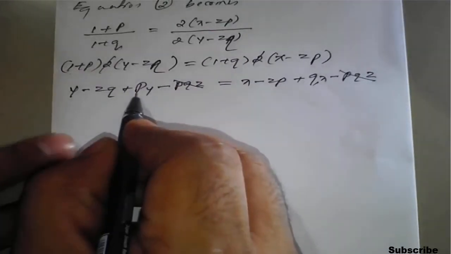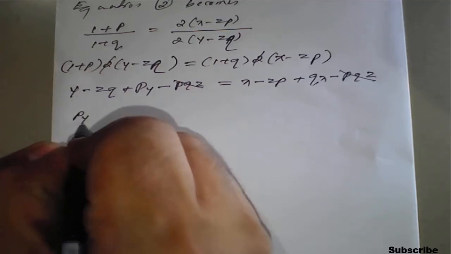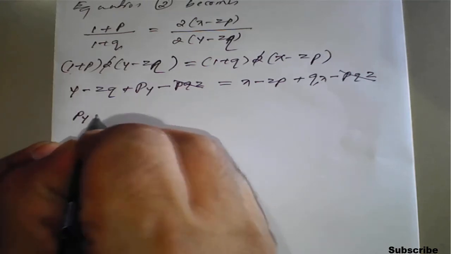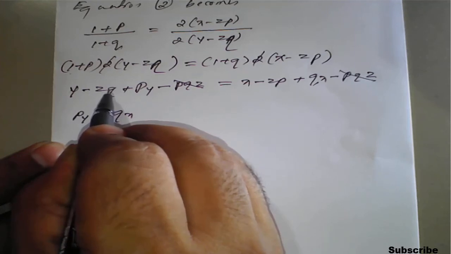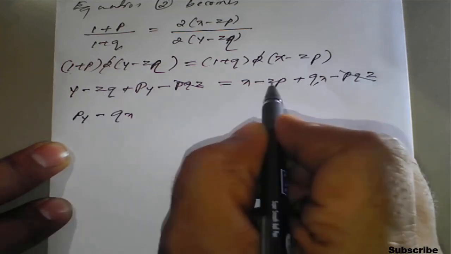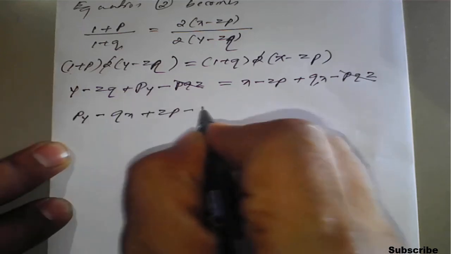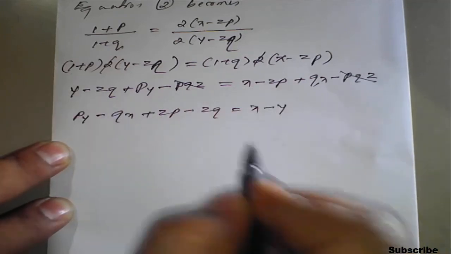So the left part I will arrange: py, then shift this qx to the left hand side, minus qx, minus zq, or minus zp, you take first, minus, it will become plus zp, then minus zq equal to x, shift this, it will become minus y.